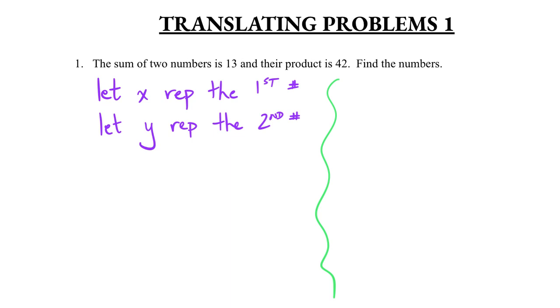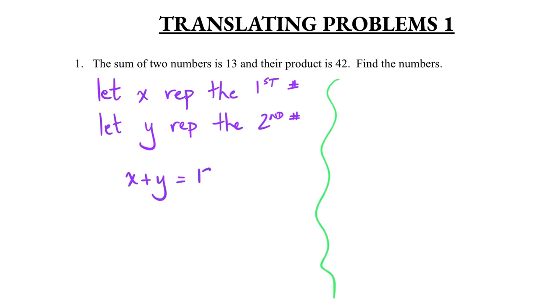Okay, I'm going to continue to solve the purple problem, or I should say the problem with the purple method. If that's the case, then what I can do is I can take my two sentences and I can translate them, or my one sentence in the first part. The first part of that sentence said the sum of two numbers is 13. Well, if x and y are my two numbers, then sum means add.